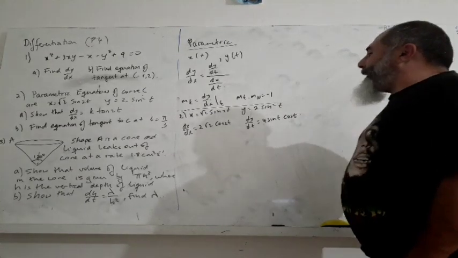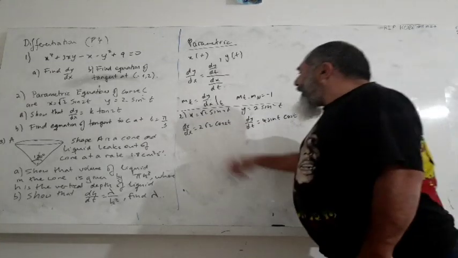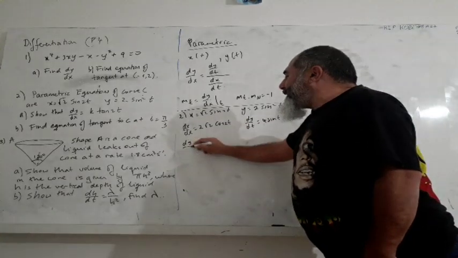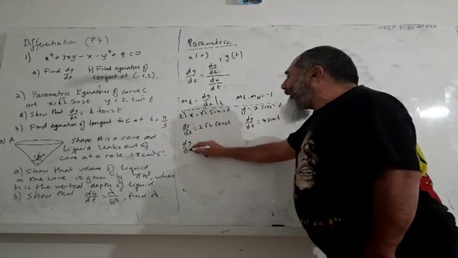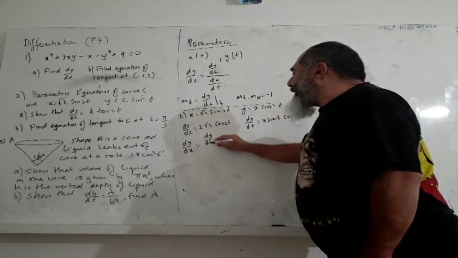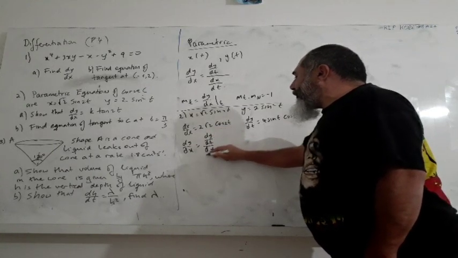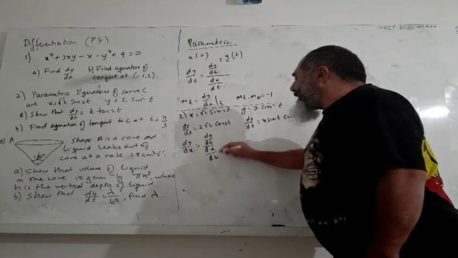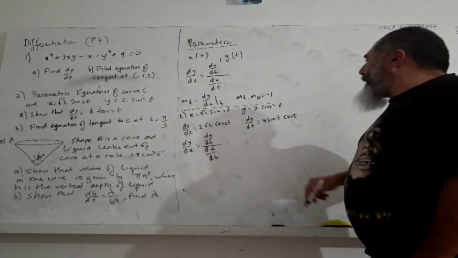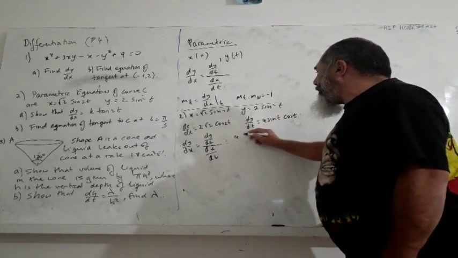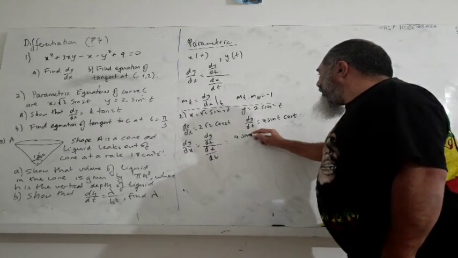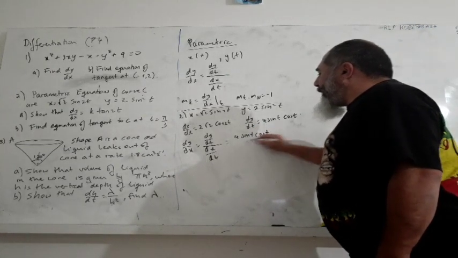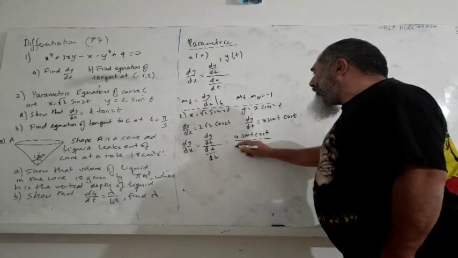Now we know that dy over dx is equal to dy over dt over dx over dt. dy over dt is 4 sine t cos t, over dx over dt, which is 2 root 2 cos 2t.